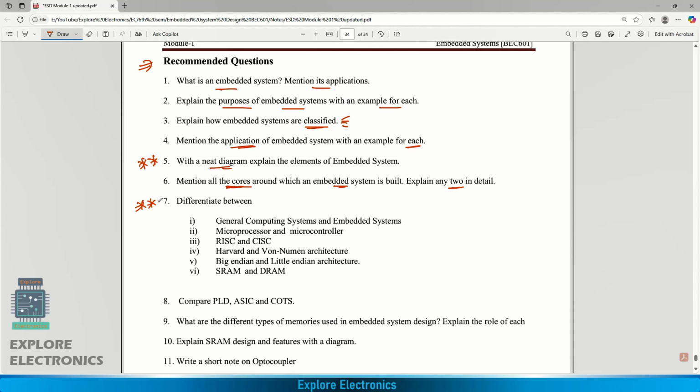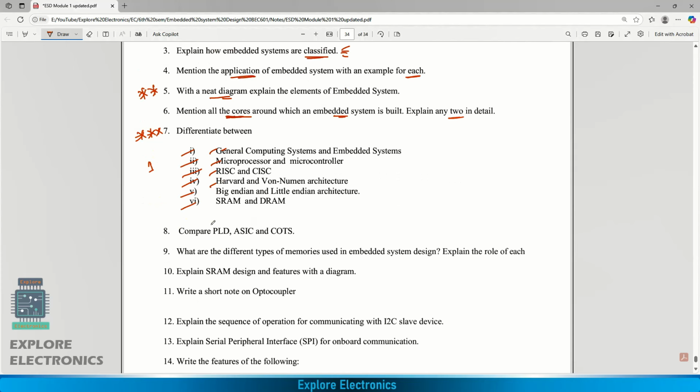And the differences between things: general purpose computing and embedded system, MPU, MCU, RISC, CISC, Harvard, Von Neumann, Big-endian, Little-endian, SRAM, DRAM. These are very important. At least one question we can expect easily in the exam. Generally MPU, MCU, RISC, CISC, Harvard and Von Neumann, and general computing versus embedded system are repeatedly asked.